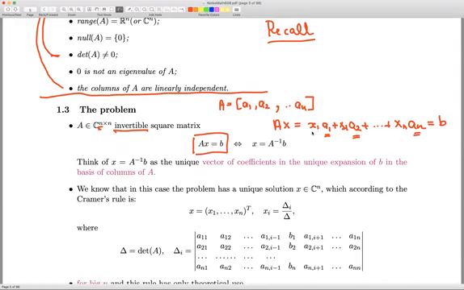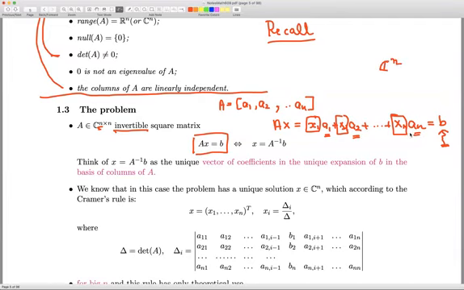And what we are looking for, these numbers x1, x2, and so on up to xn, are exactly the representation of the given vector b with respect to the basis A1, A2, up to An, which is a basis for the space Cn, or for the space Rn if we talk about a real entry matrix.